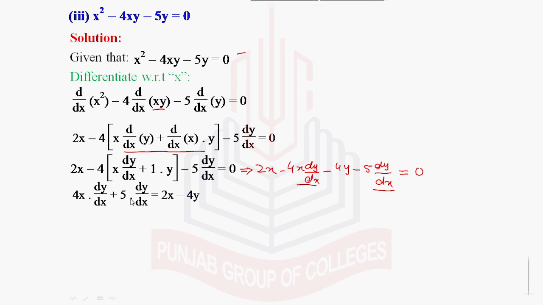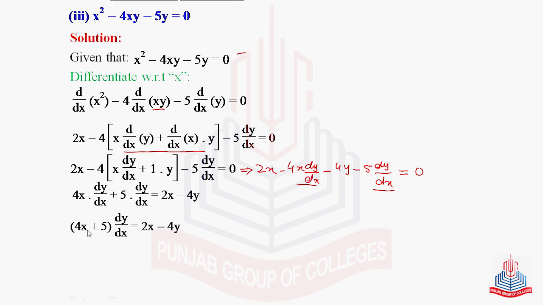And on the left hand side, 2x, and this one is without dy by dx, so 2x minus 4y, which is this one. So now we take common dy by dx from these two terms, that will become 4x plus 5, and on the right hand side 2x minus 4y.